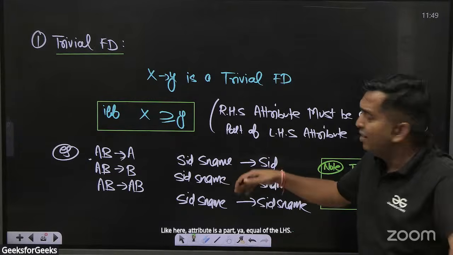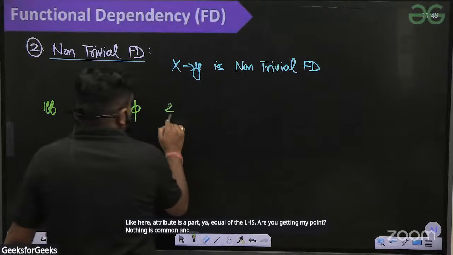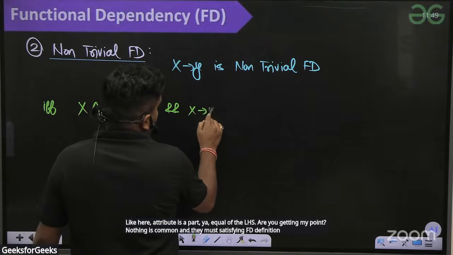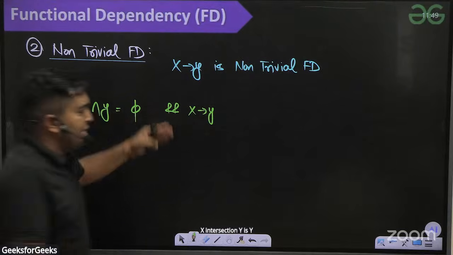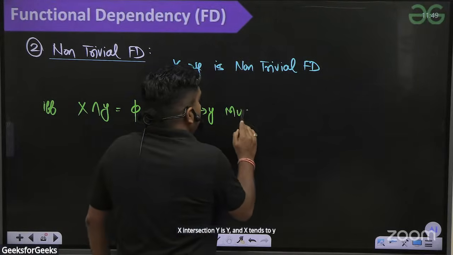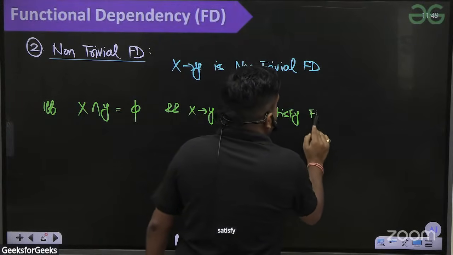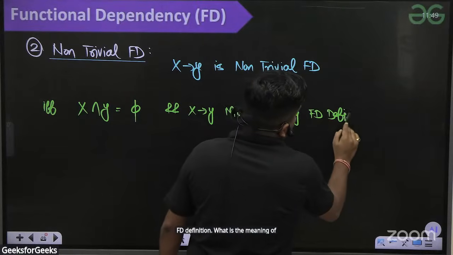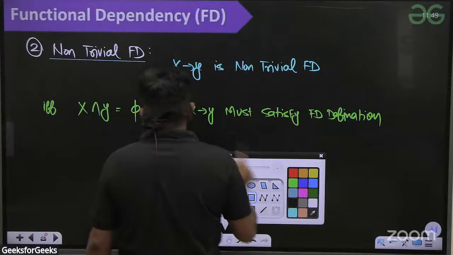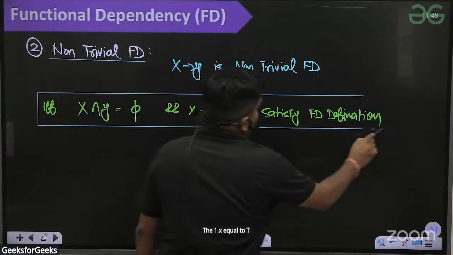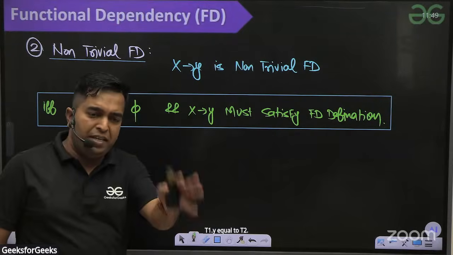Are you getting my point? Nothing is common, and they must satisfy the FD definition. X intersection Y is phi, and X tends to Y must satisfy the FD definition. What is the meaning of FD definition? If T1.X equals T2.X, then T1.Y equals T2.Y must be same.